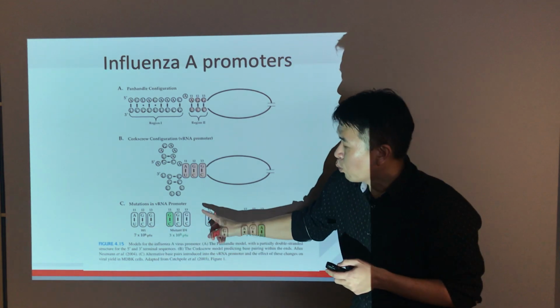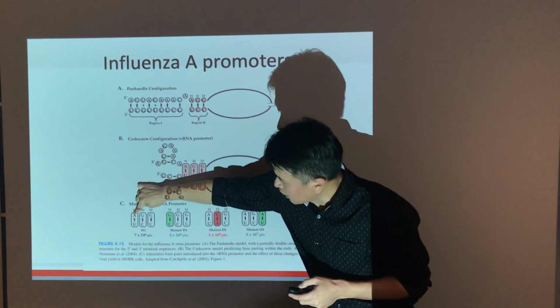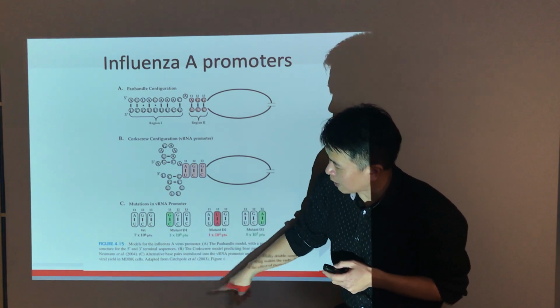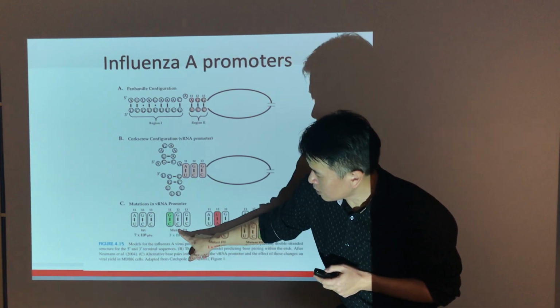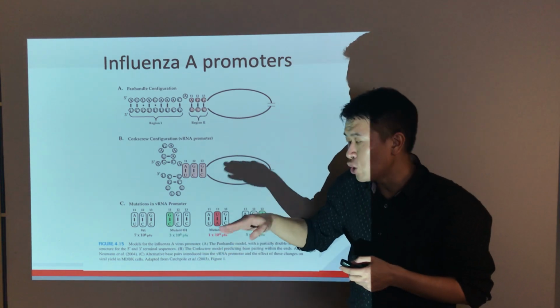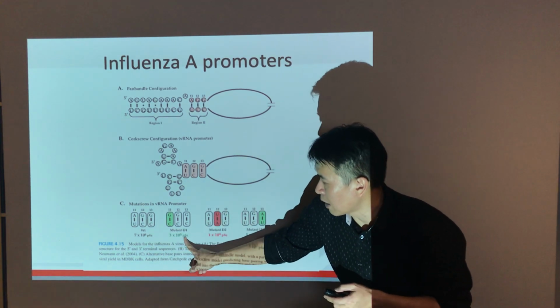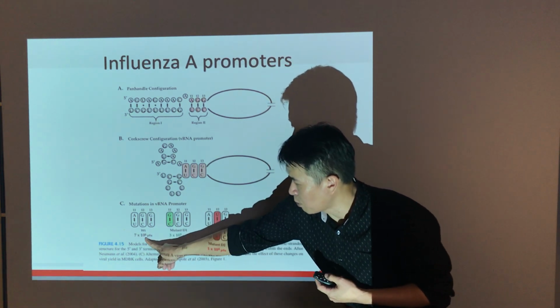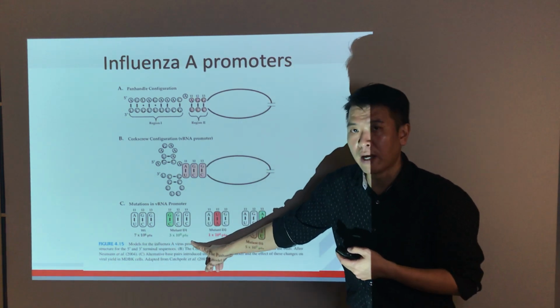But when they mutated the A, so that you produce the G and the C complement, they noticed that there is a twofold reduction of the virus being produced. 7 times 10 to the power 8 became 3 times 10 to the power 8.